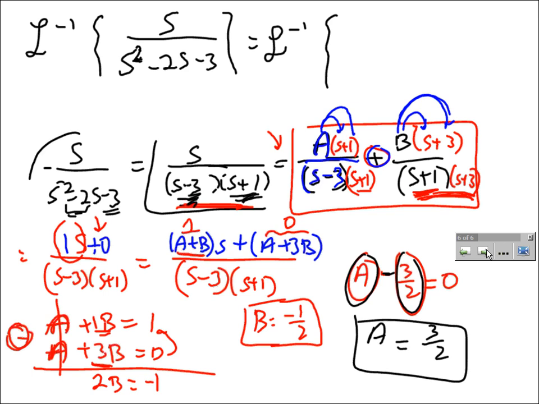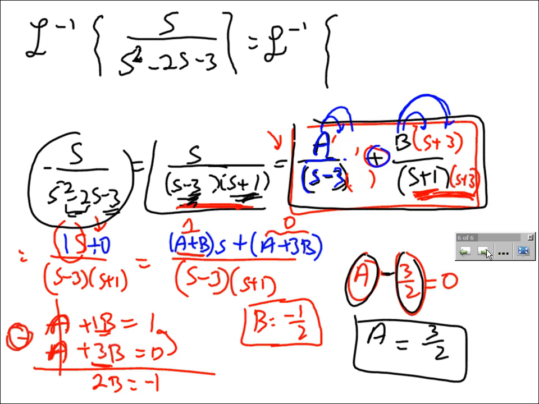So this fraction is equal to this fraction without the ones, that is without multiplying by ones, or even with the ones, but we don't want the ones there. So it's A over S minus 3 plus B, which is minus a half, over S plus 1.